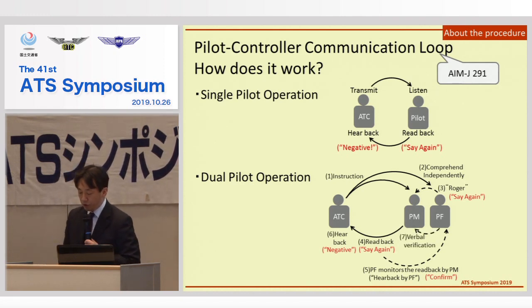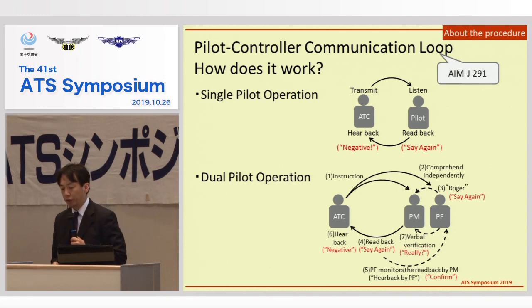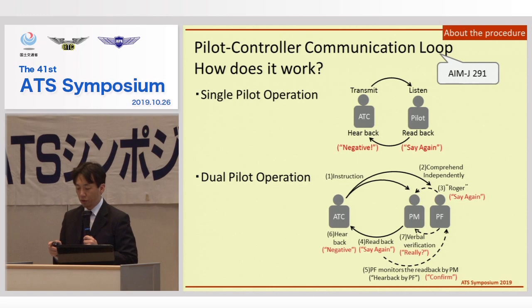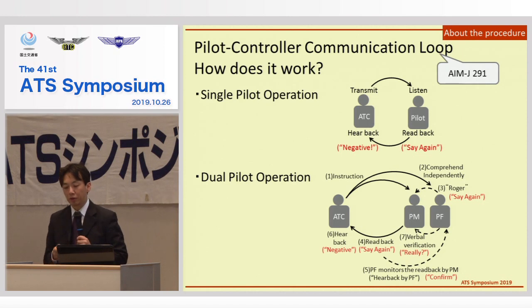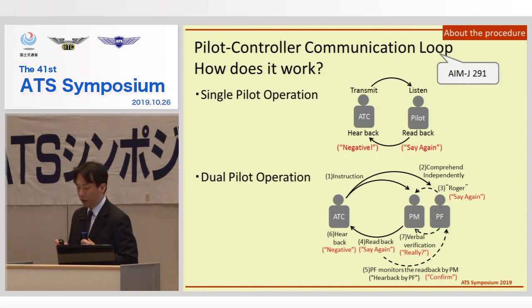And if the pilot monitoring becomes suspicious about the pilot flying's comprehension, then he or she has to confirm the instruction with the controller again. This is when the pilot monitoring interrupts the pilot flying's duty. Again, the pilot monitoring should not say, "I think the controller says such and such," but he or she simply has to request confirmation of the instruction.